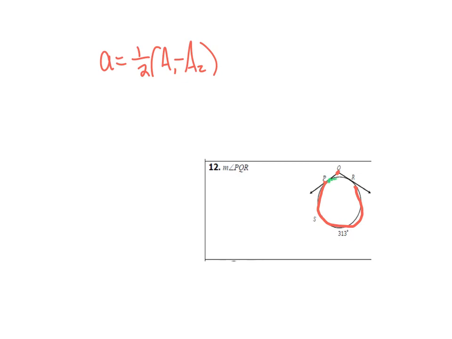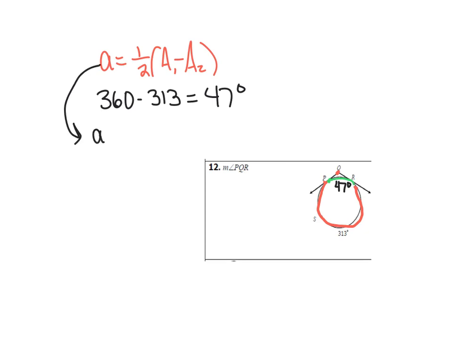And so we know the whole circle totals up to 360. So what we're going to do is 360 minus 313. As soon as we do that, we find out that this part of the arc is 47 degrees. So now we have enough information to plug in for our formula.